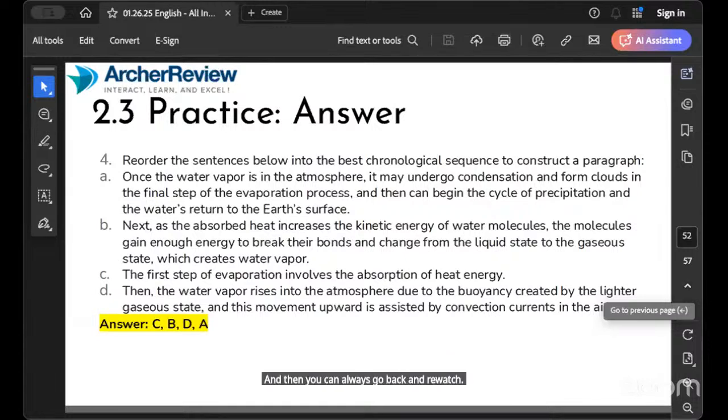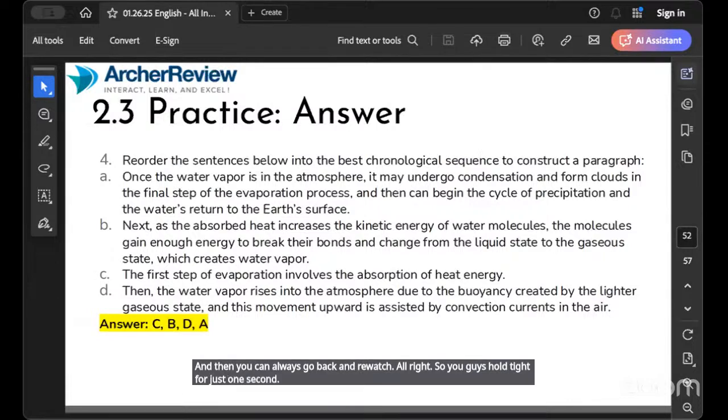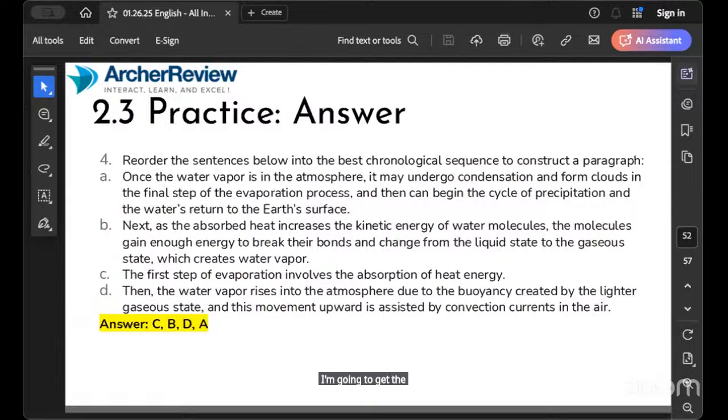All right, so you guys hold tight for just one second. I'm going to get the notes for you. Sorry, I have to get the PDF file.